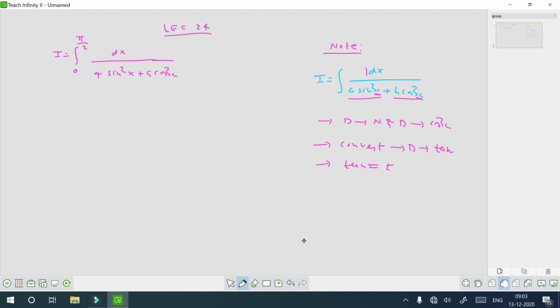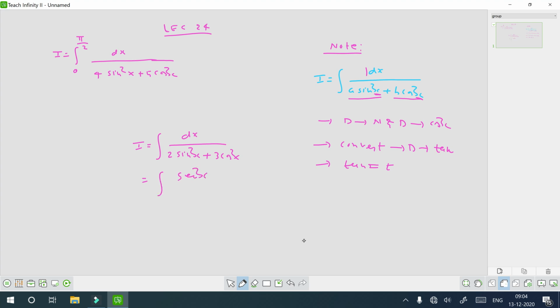Now see, before solving this definite integral, let us see here. I is equal to dx over 2 sin square x plus 3 cos square x. Suppose here a is equal to 2, b is equal to 3. So divide numerator and denominator quantity by cos square x.